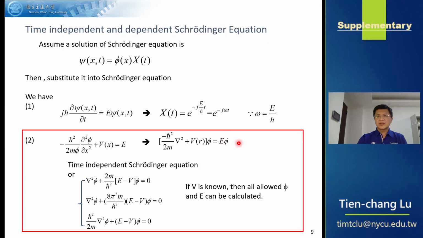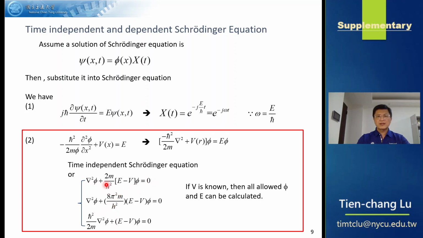You can also move terms around and get the Laplacian of φ plus 2m divided by ħ squared times (E minus V) times φ equals 0.